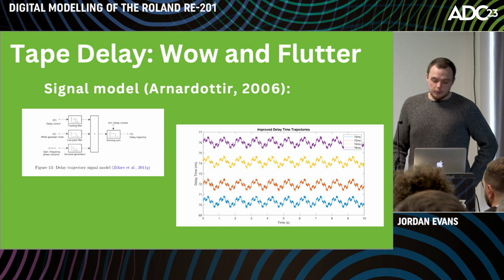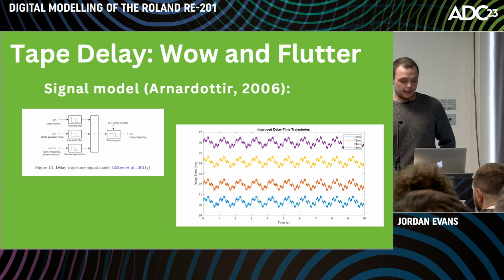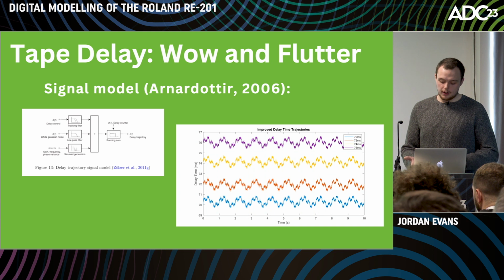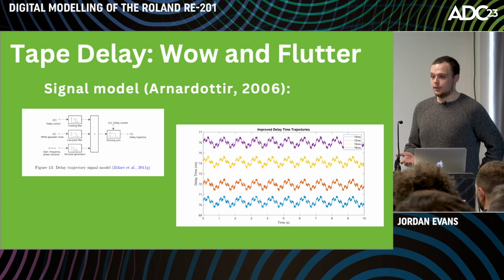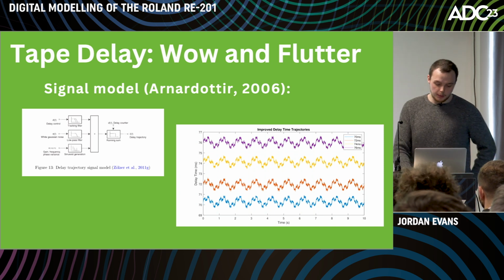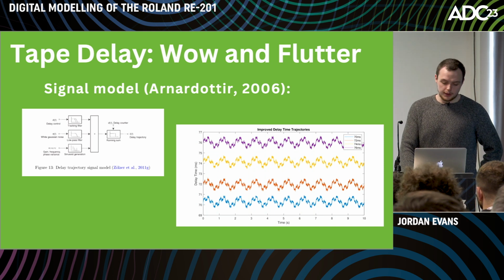So one of the simplest methods of implementing wow and flutter is something called a signal model. Essentially, we take a sum of multiple sinusoids, and the frequency of these sinusoids are at integer multiples of the capstan driving the tape. Then we also take white Gaussian noise and we filter it with a low-pass filter.